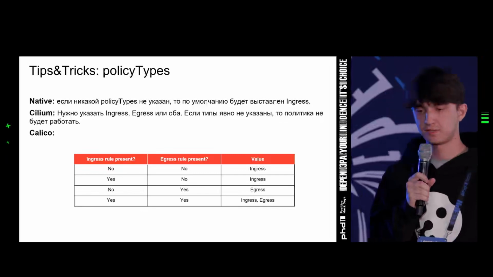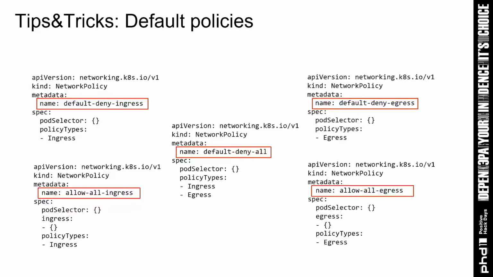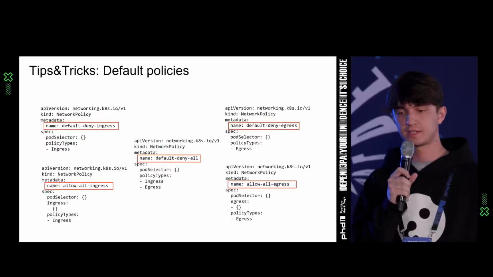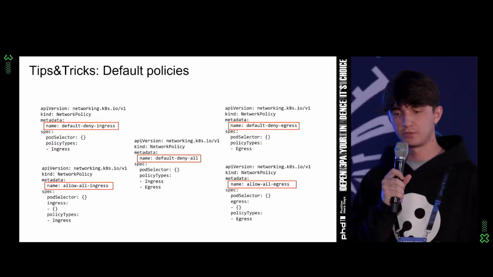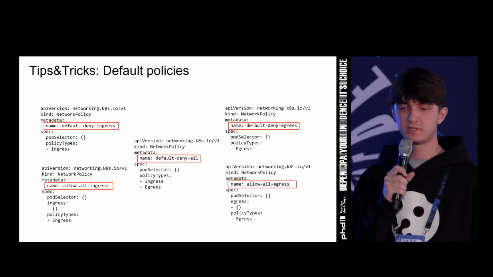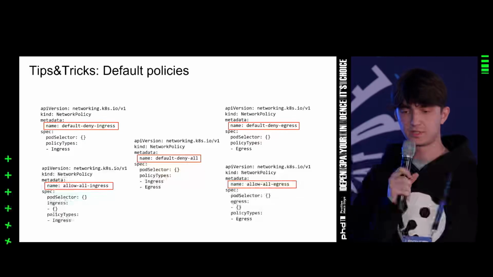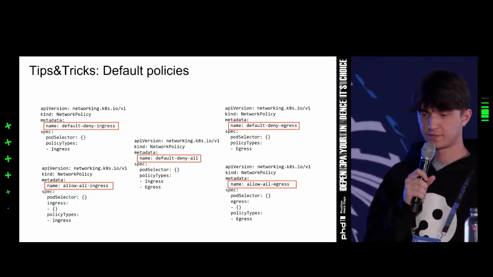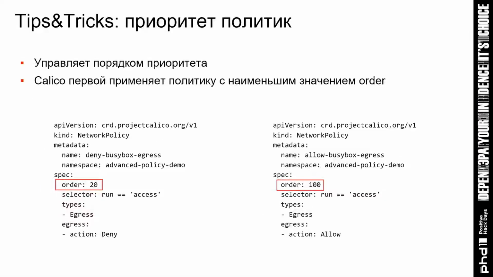In Cilium, if you are not explicit about it, the policy just wouldn't work. One other thing. Yes, policies are used as a whitelist, but they can be written in such a way as to deny something. Here you can see default policies that would deny outbound and inbound traffic. So the policy in between is the one that you should use to create network policy.